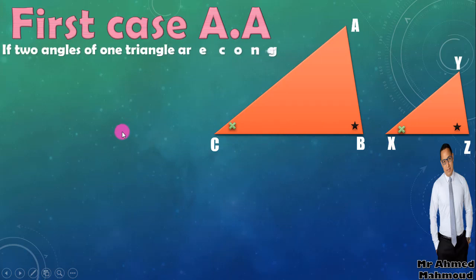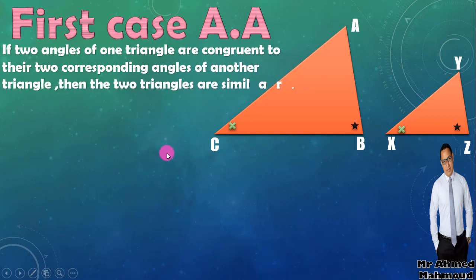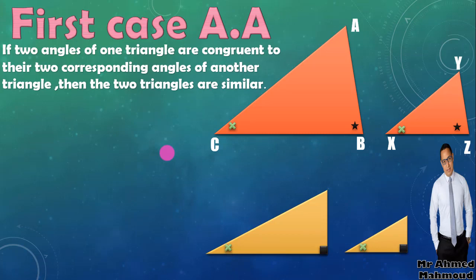If two angles of one triangle are congruent to their corresponding angles of another triangle, then the two triangles are similar. Now, a special case from this case: if we have a right-angled triangle and an acute angle in the first triangle equal to an acute angle in the second triangle, then the two triangles are similar.